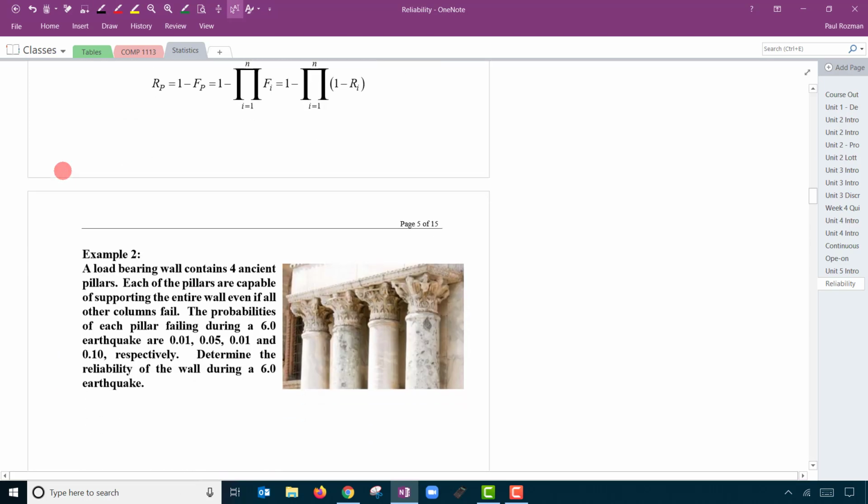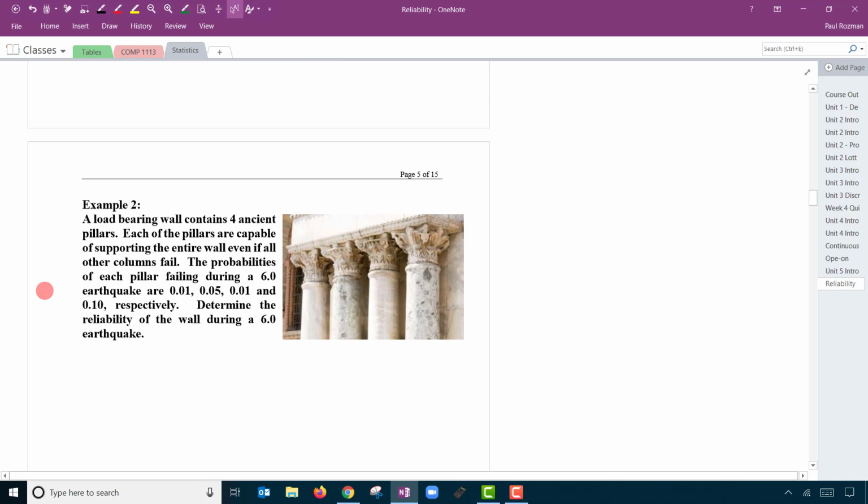An example, we're back to our ancient wall. It still has the 4 columns. But now each pillar is going to be capable of supporting the entire wall. So if three pillars collapse, the remaining one will still hold up the wall. So now we want to know the reliability of this sort of system.